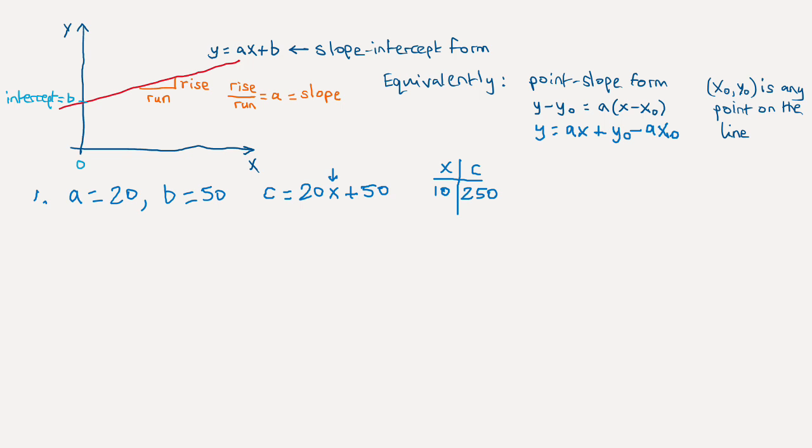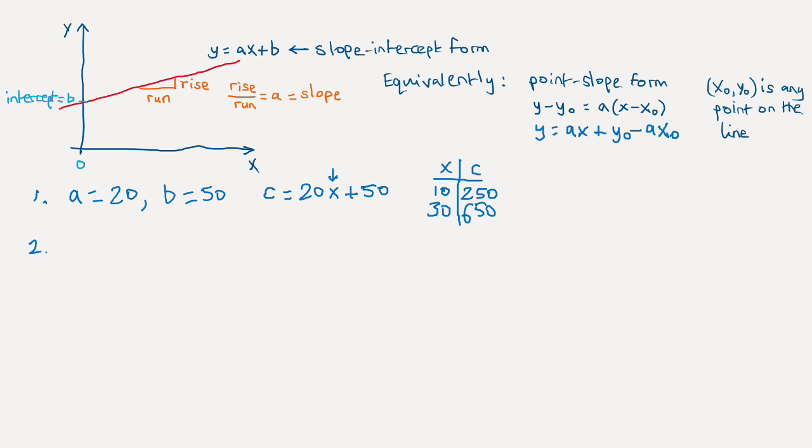So the cost to produce 10 items is, let's say, $250. If we want to produce 30, then we plug in 30 for the value x, and 20 times 30 is 600, plus 50 would be 650. So it's straightforward to plug in different values of x to figure out what the cost is, the output.